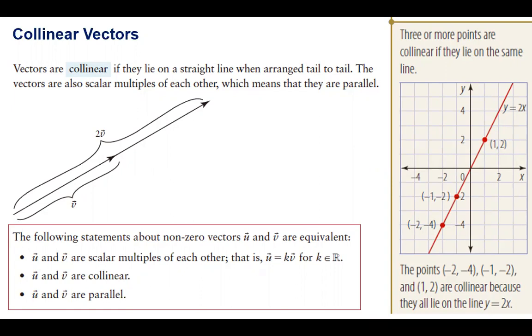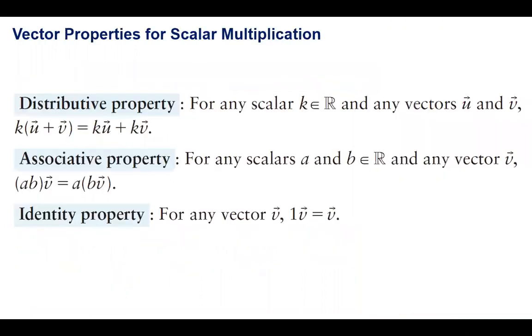Okay, then let's have a look at the vector properties for scalar multiplication. First, we have the distributive property, which means for any scalar k belongs to the real number set and any vectors u and v, we have k times the sum of u and v equals k times u plus k times v.